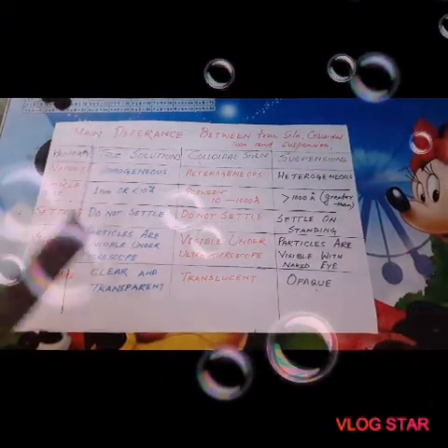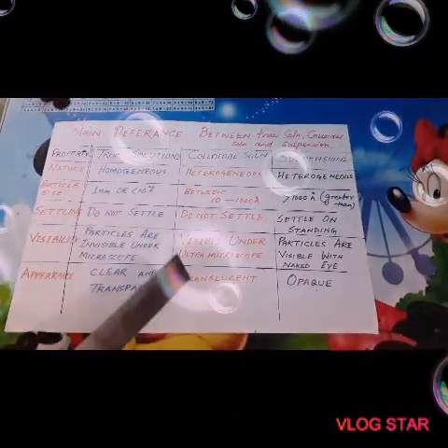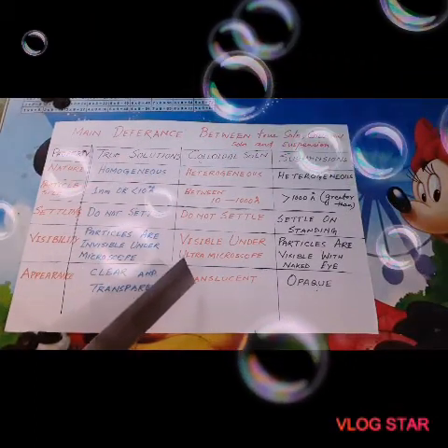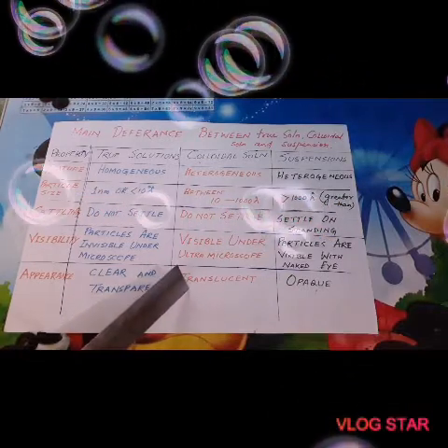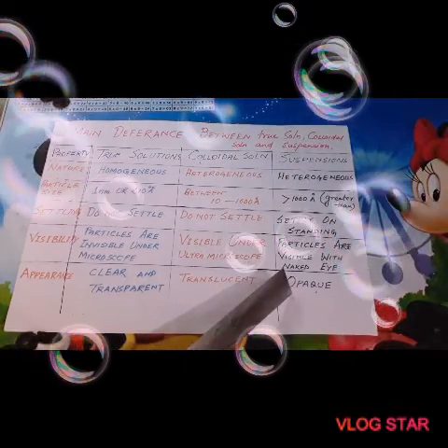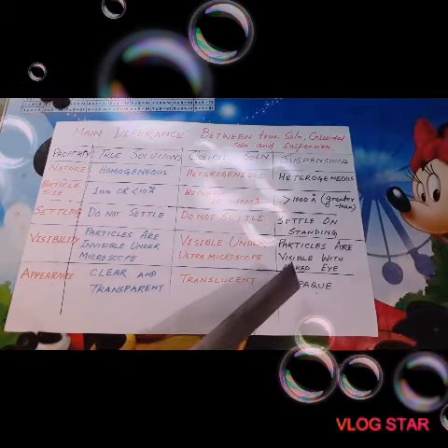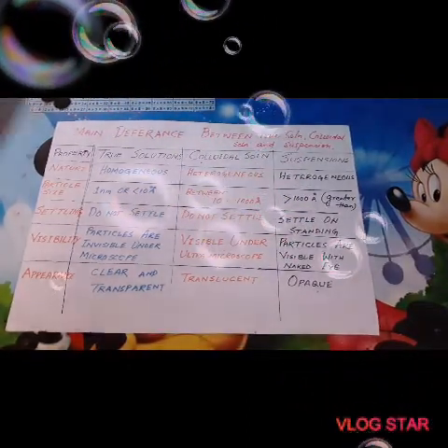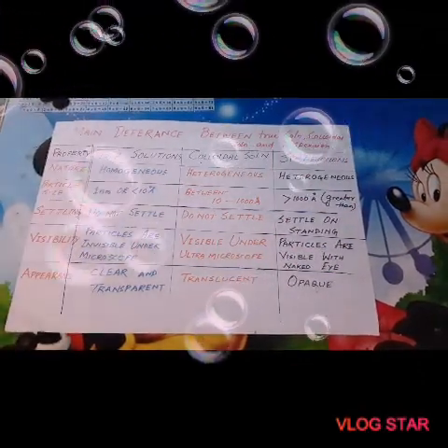True solution is clear and transparent in appearance, but colloidal solution is translucent, that means little or no light can pass through. And suspension is opaque, that means light cannot pass through it, so opaque in appearance. These are the main differences between true solution, colloidal solution and suspension.